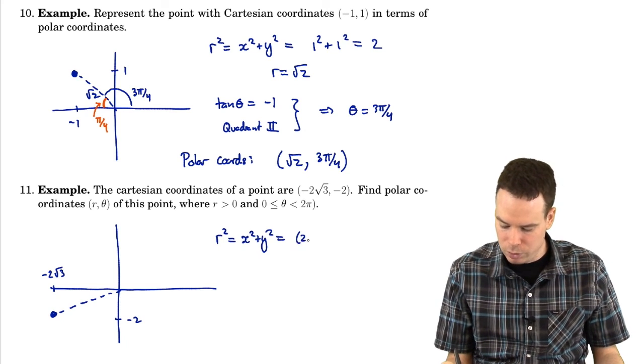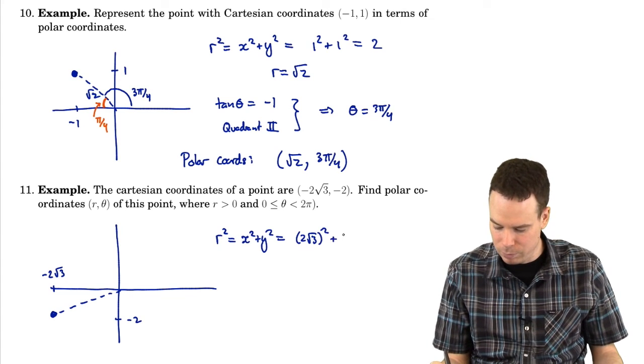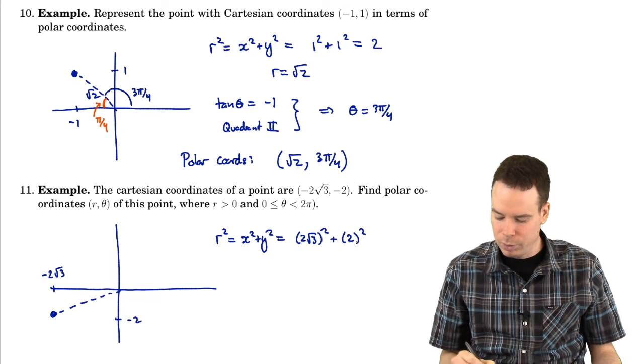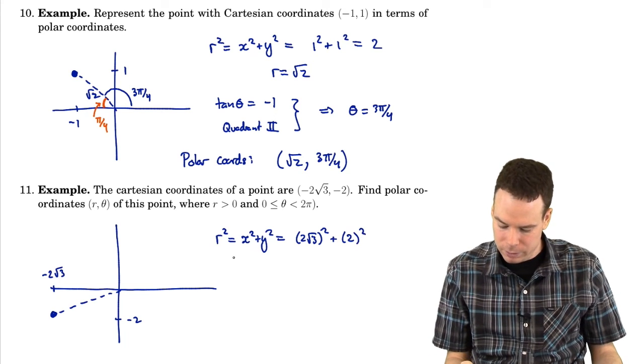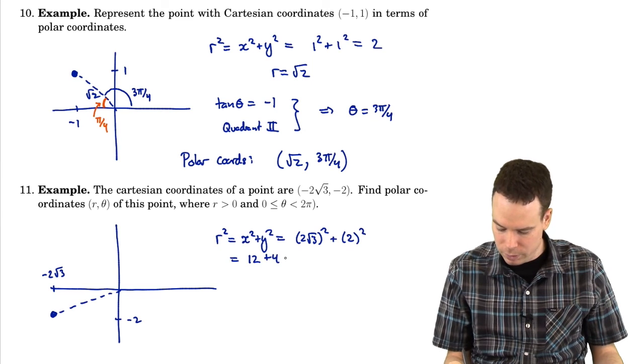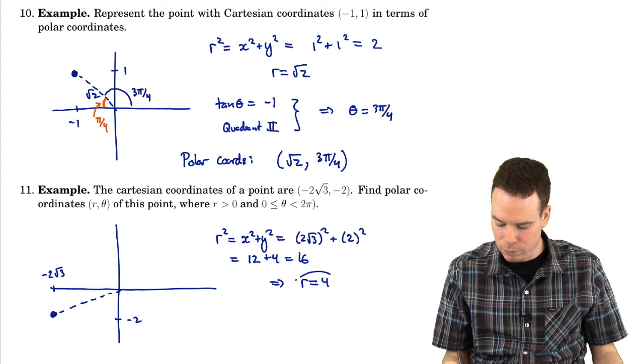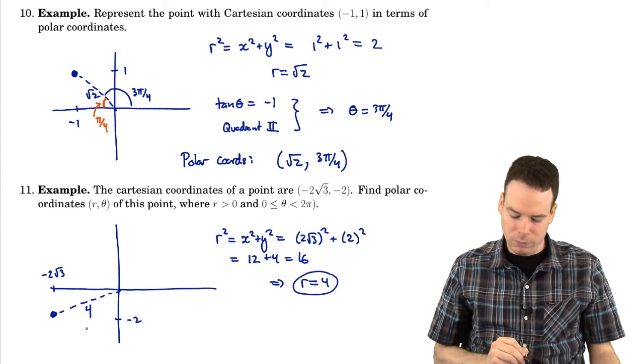So that would be 2√3 squared. I'm going to drop the negative sign because I'm squaring it anyway, so it would become a positive number. Plus 2 squared. So 2√3 squared is 12, plus 4, that's 16. So therefore, r is equal to 4. That distance there is 4.